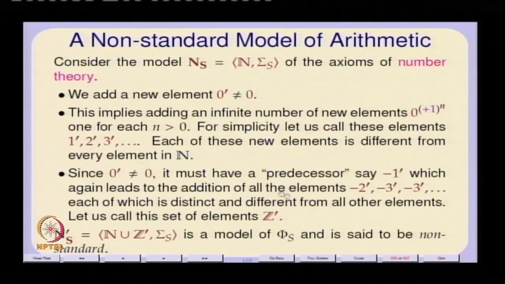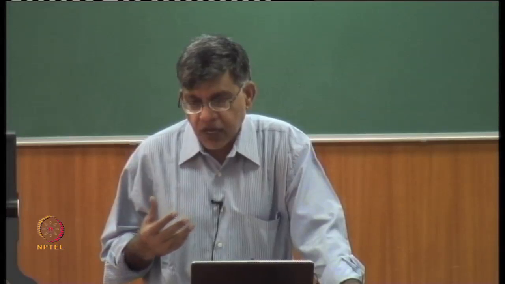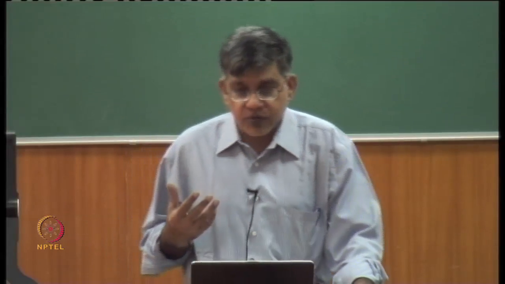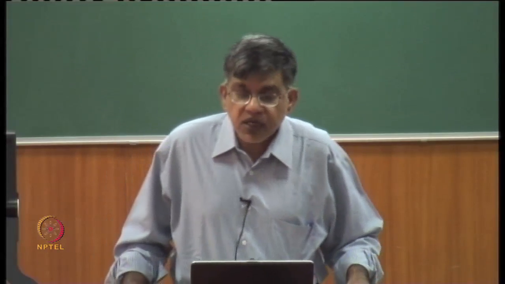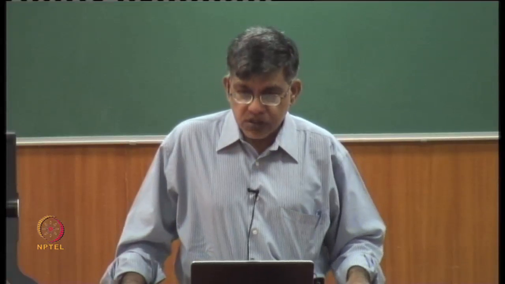One of the things we did, the non-standard model of arithmetic that we proposed, allowed the axioms of number theory to have models which are not isomorphic to the standard model of arithmetic, the standard model of the natural numbers with successor as we are used to it.